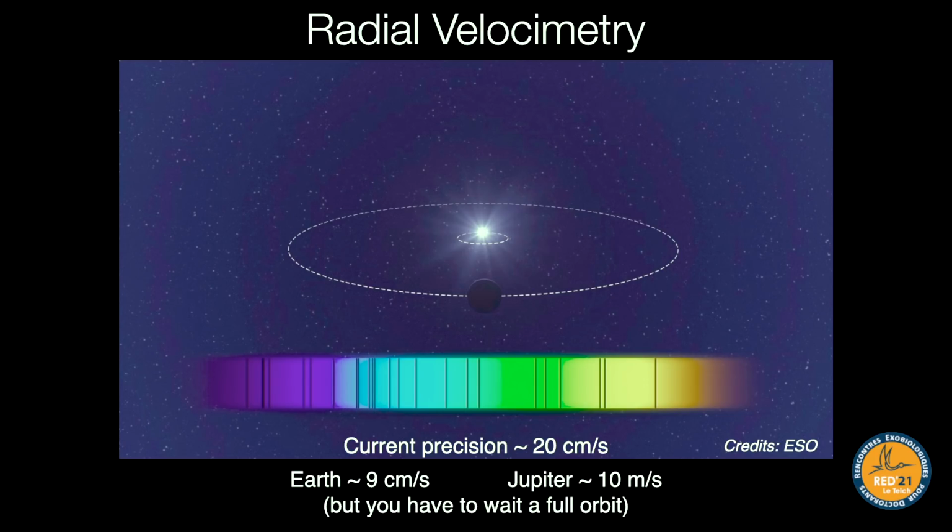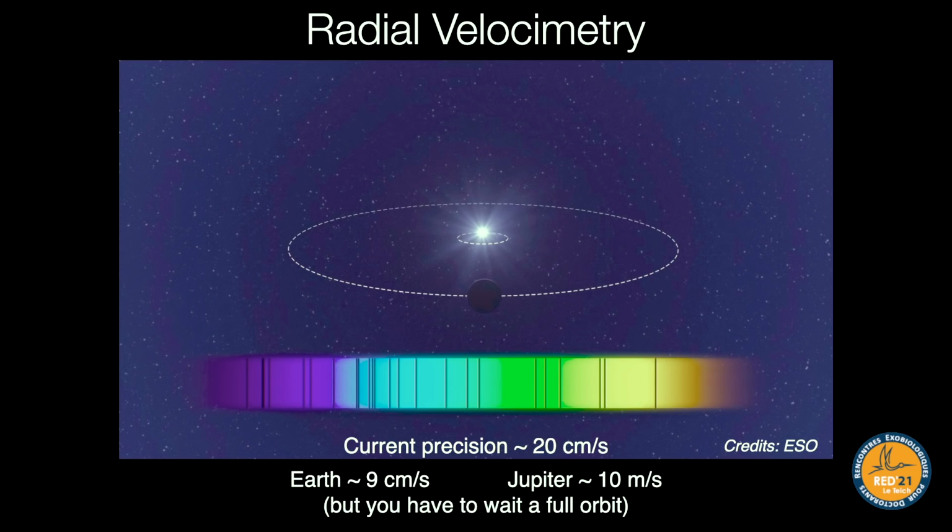We're going to move to 2 different techniques that, even historically, were the first used to find these objects, and have been much more useful in the sense that they allowed us to discover a much bigger number of planets. The first one, historically, is what we call radial velocimetry.